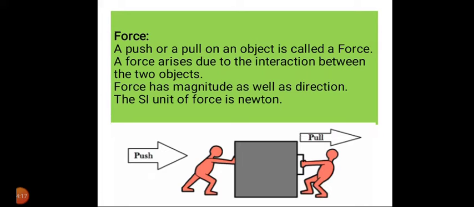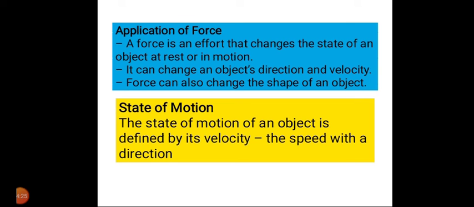So generally more than one force may be acting on an object, however the effect on the object is due to the net force acting on it. Okay, now the application of force, or we can say the effects of force. A force is an effort that changes the state of an object at rest or in motion.